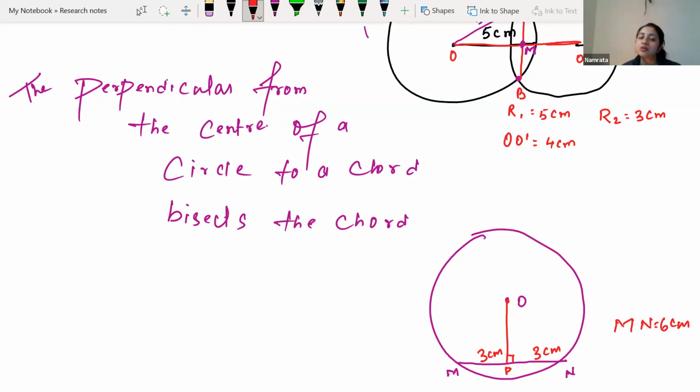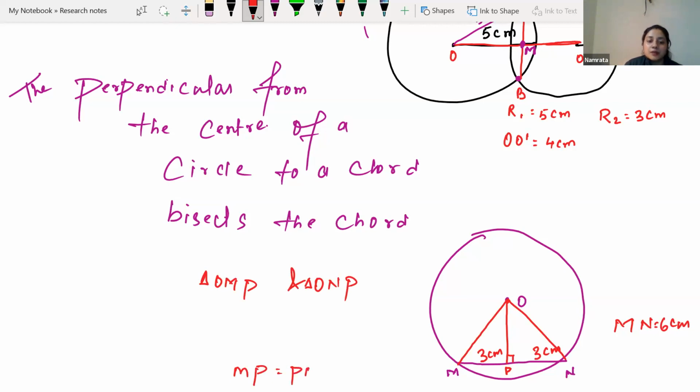How are we getting this theorem? Just by the concept of congruency, you will be able to prove that the triangle OMP and the triangle ONP are both congruent triangles. Easily you will be able to prove. And once you prove these two triangles are congruent, then you can say that MP is equal to NP.